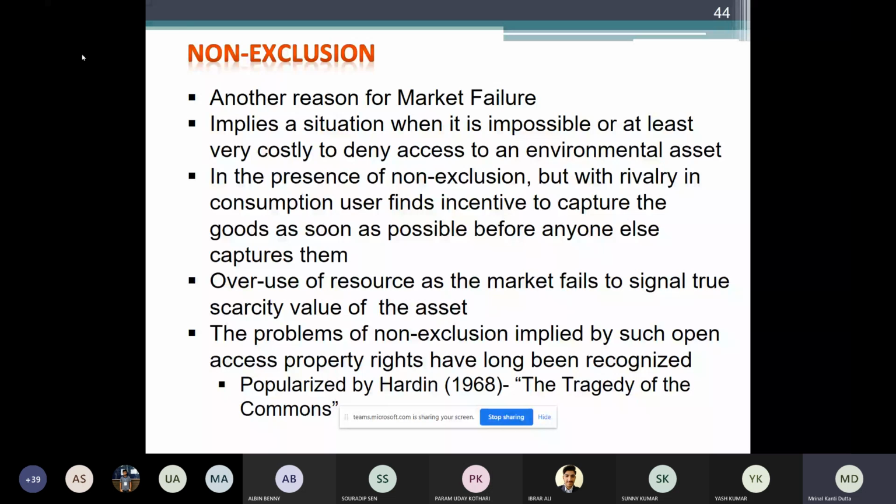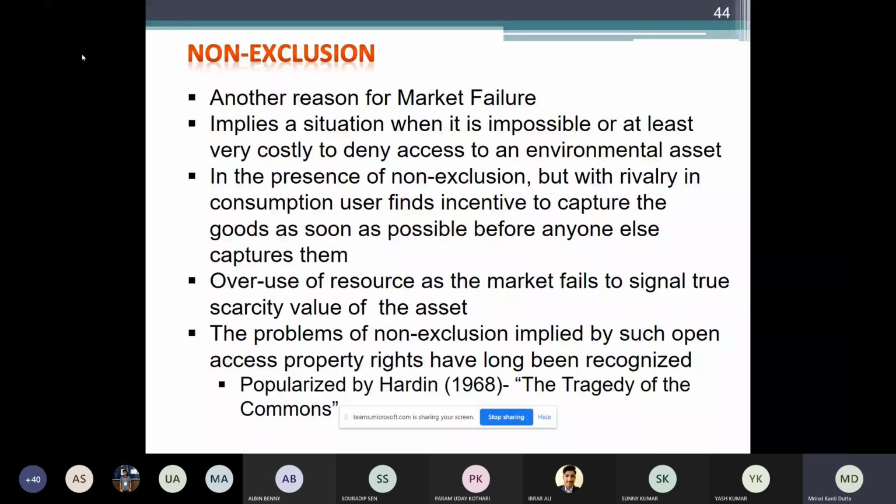And if it so happens, then we can say that it no longer remains a non-exclusionary kind of resource. It can be made exclusionary also. Because for other people who do not have the right to catch fish in the stretch of the river, they will not be having the access to the resource.